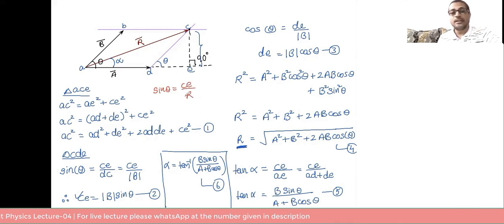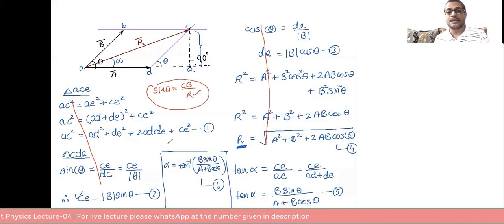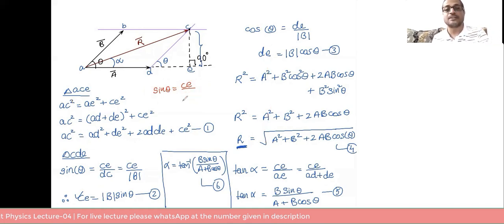Hypotenuse is R. Suppose we had not done all this derivation, for example, then we wouldn't be knowing the value of R. So can we use sine theta where the input itself requires R? Oh, sorry, not sine theta. This one is alpha, sine. In order to calculate alpha, if I use CE by R, CE is okay, but how do I know the value of R? That was not given to me. So is it convenient to write it in terms of a quantity that we have calculated or that is not given to us beforehand? So like No.